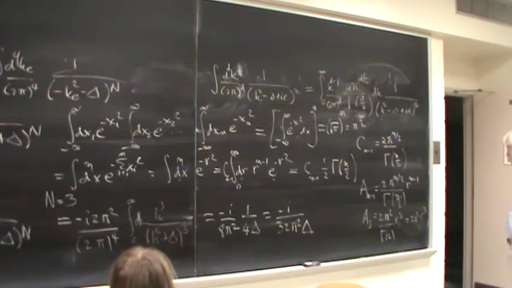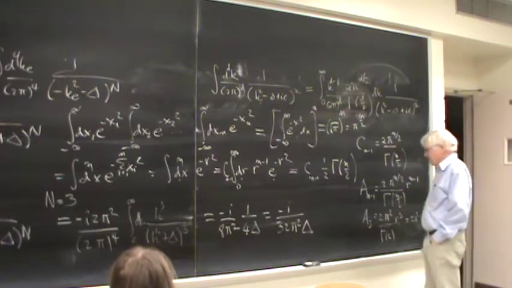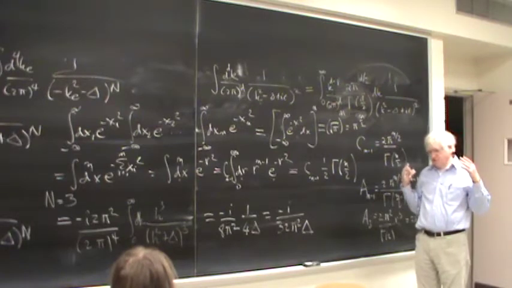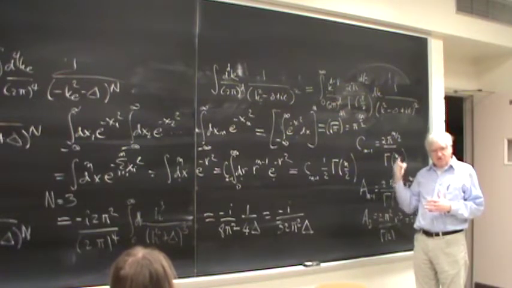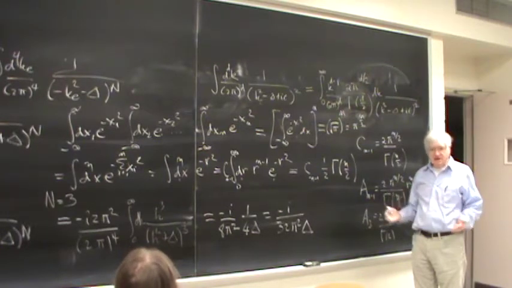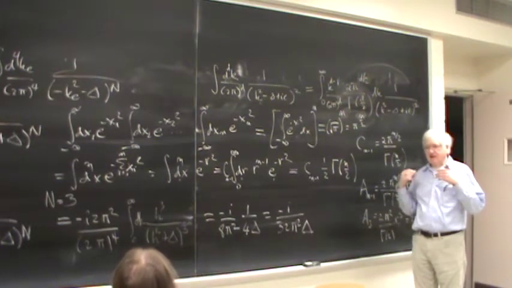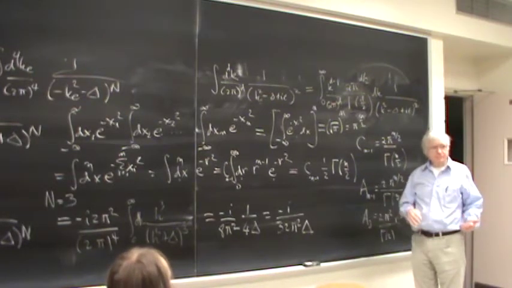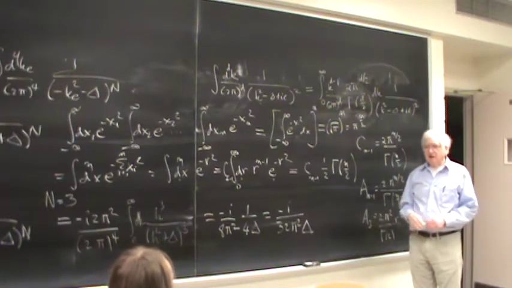The advantage of dimensional regularization is that if you have a gauge theory, you don't break gauge invariance doing this, even in the non-abelian case. And so you have a method of regularization which is gauge invariant.